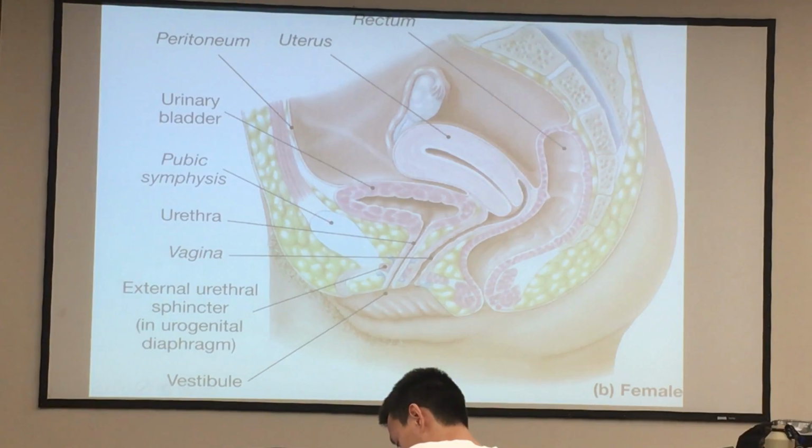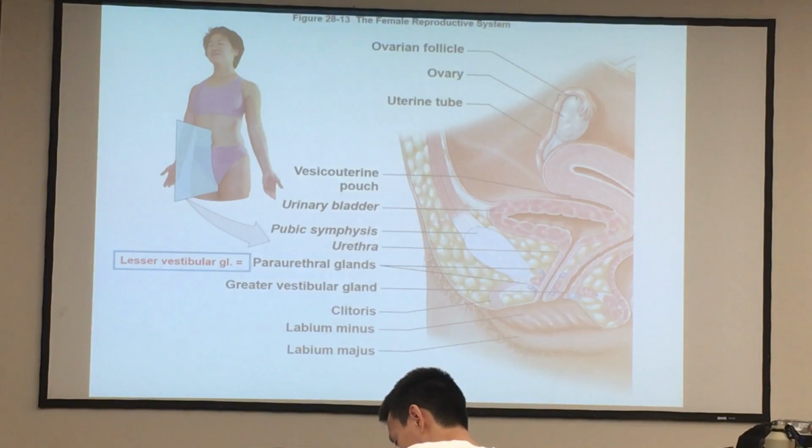Then we have a muscle here called clitoris. A cartilage we call pubic symphysis. Okay, and the exocrine gland here is the vestibular gland. Okay, and the other pair is inside, near the urethra.